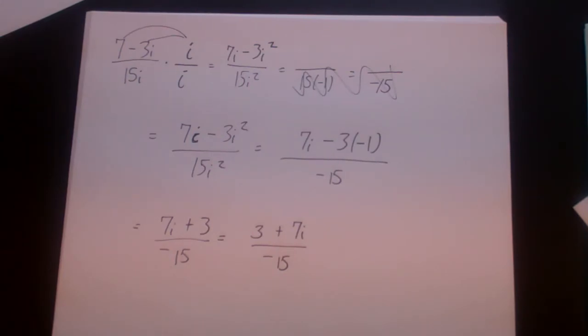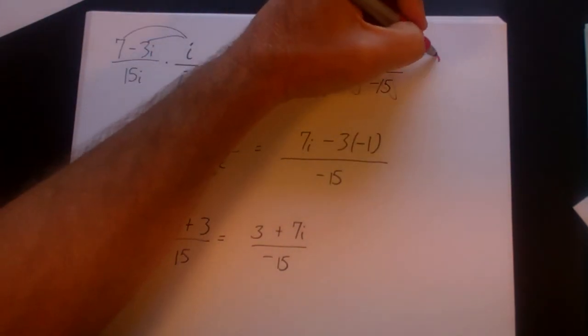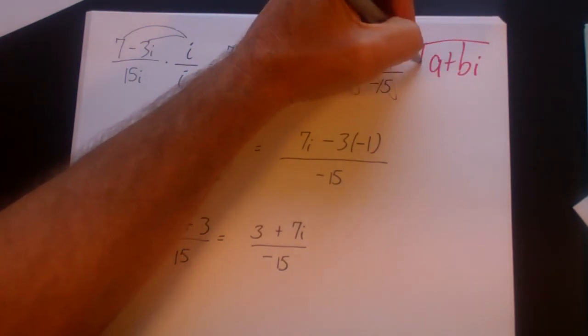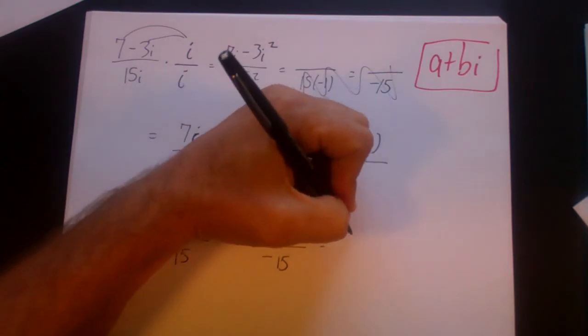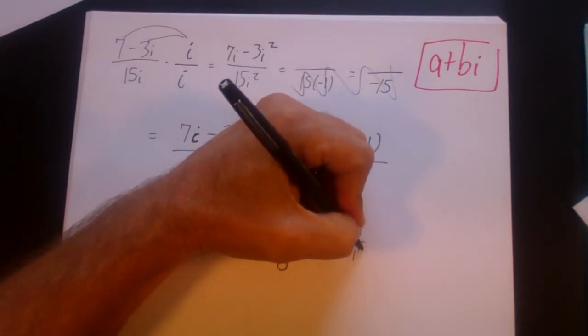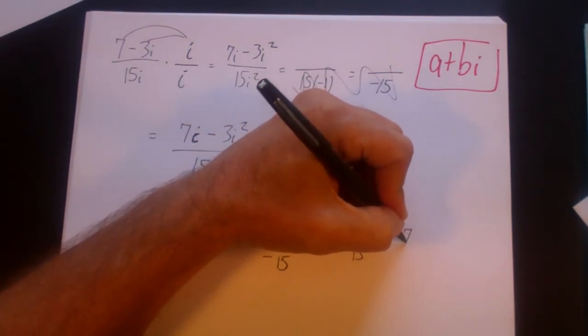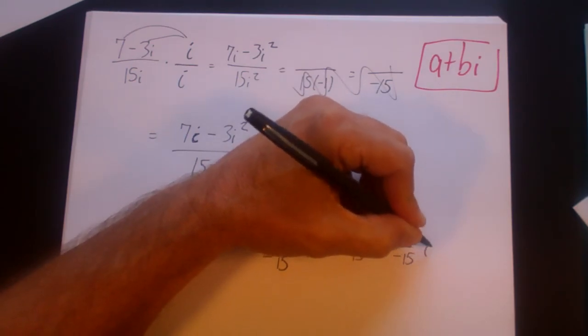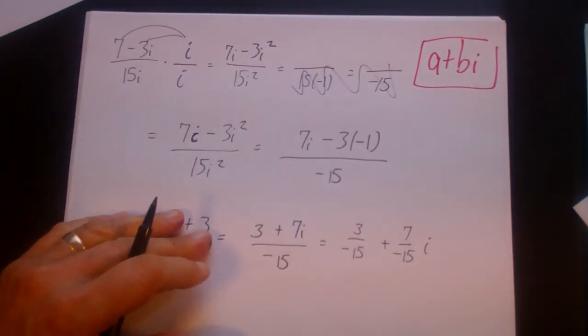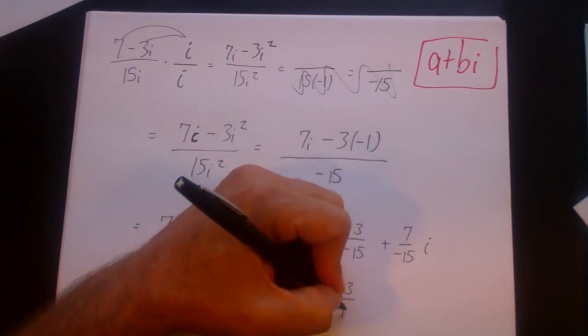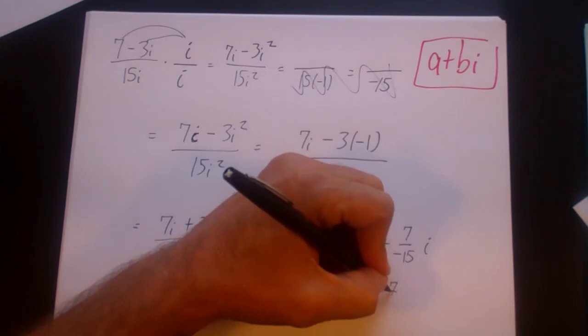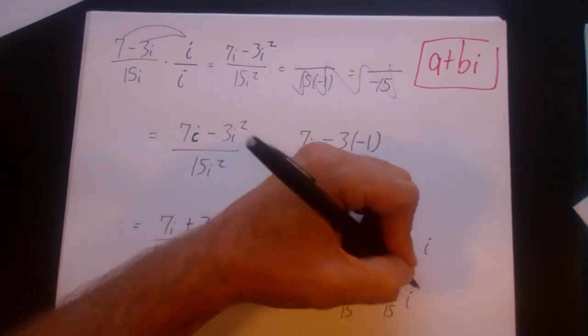It's not really the form we like it in, right? The form we like it in is a plus bi. So we like to separate out the real and the imaginary part. So I'm going to write this as 3 over minus 15 plus 7 over minus 15i. And the negative I'll bring out in the front, so that's minus 3/15 minus 7/15i.